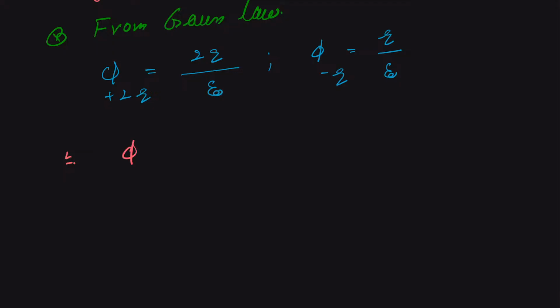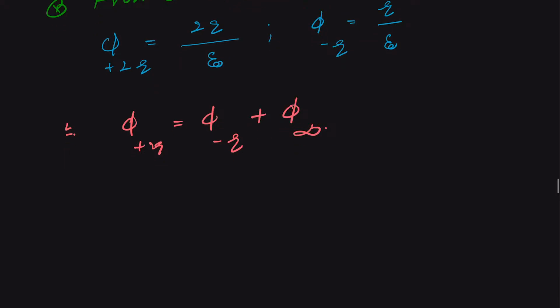Flux originating from plus 2q equals flux terminating at minus q plus flux going to infinity. So 2q upon epsilon naught equals q upon epsilon naught plus flux terminating at infinity.